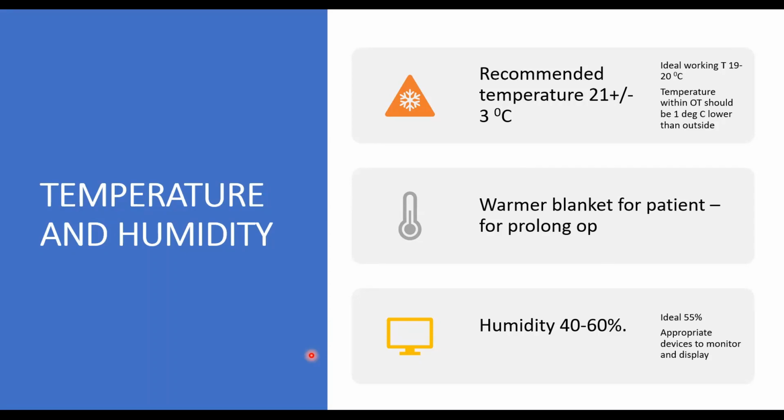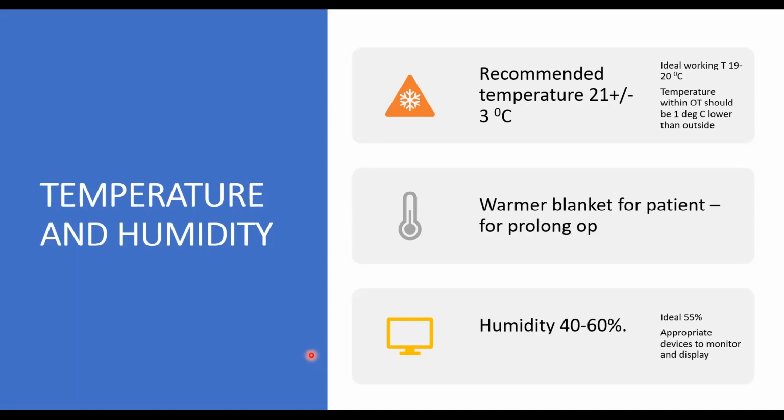The ideal temperature for a surgeon is about 19 to 20, but this temperature cannot be easily tolerated by the patient, because this low temperature can cause hypothermia, especially in neonates, small kids and patients undergoing long surgery.